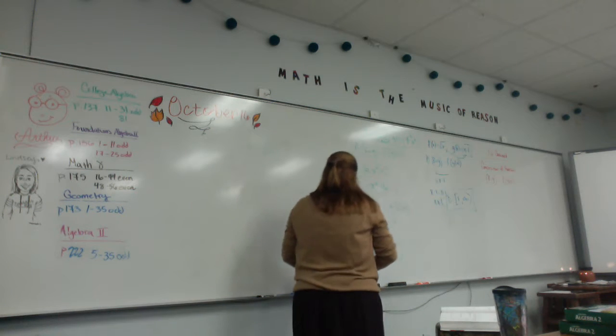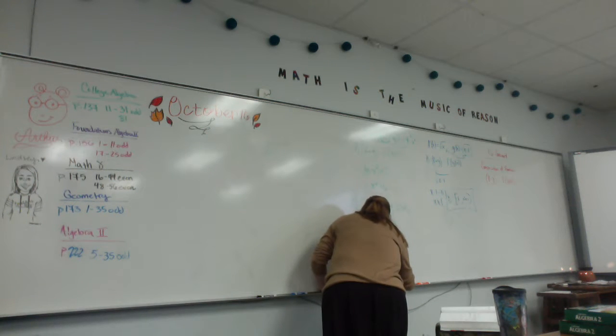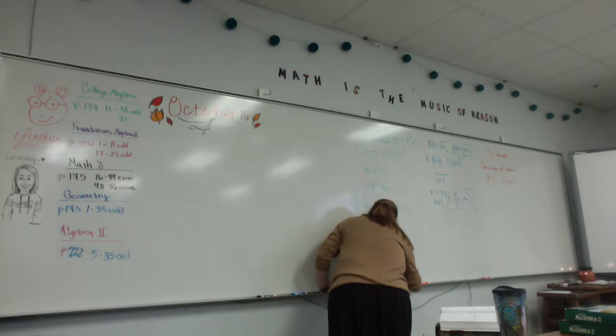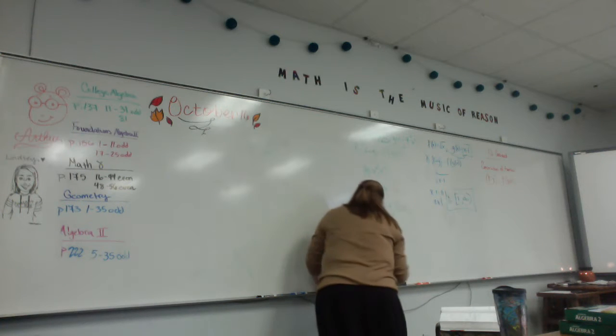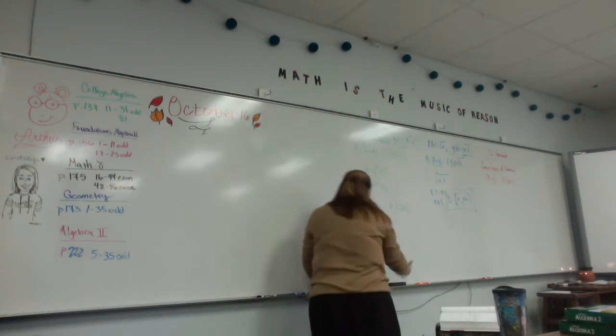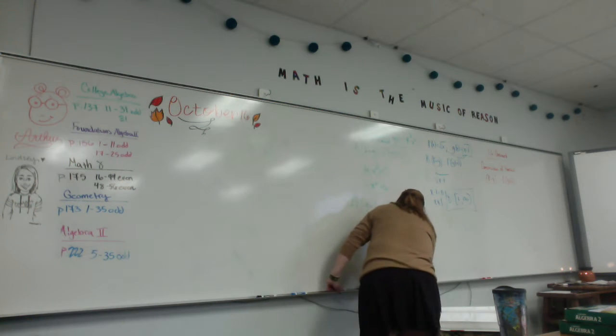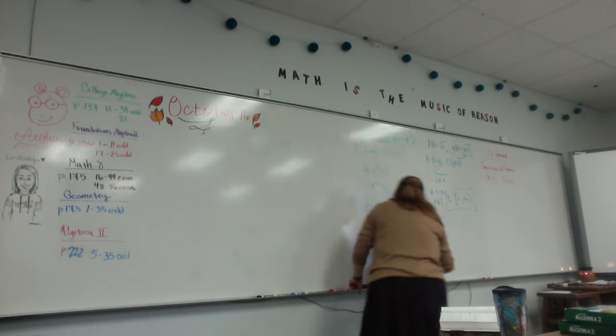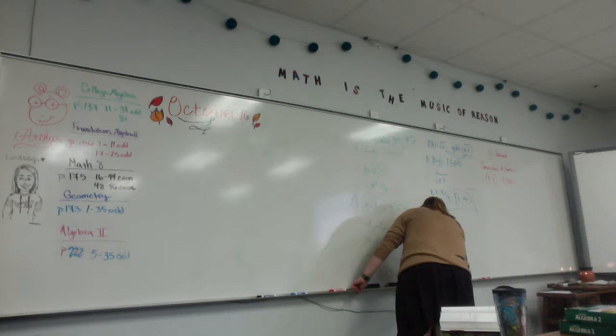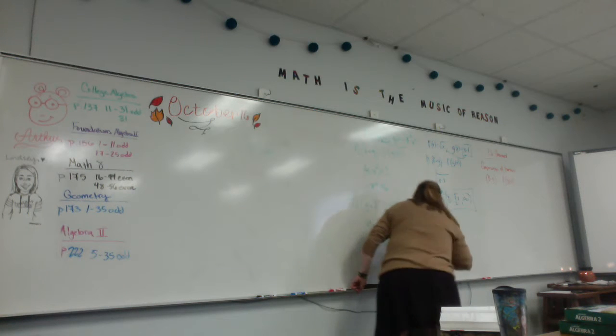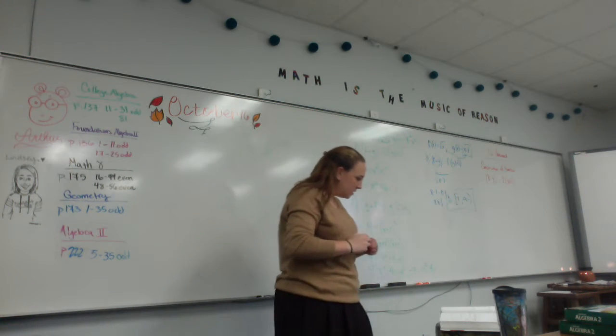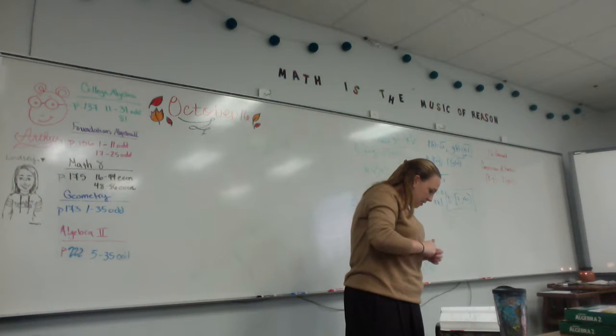Then I have to distribute that negative, so that you get 4 minus x squared minus 4x minus 4. That means these cancel, and you are left with negative x squared minus 4x. So when you're doing compositions, you have to take it all the way down to the final simplified form.